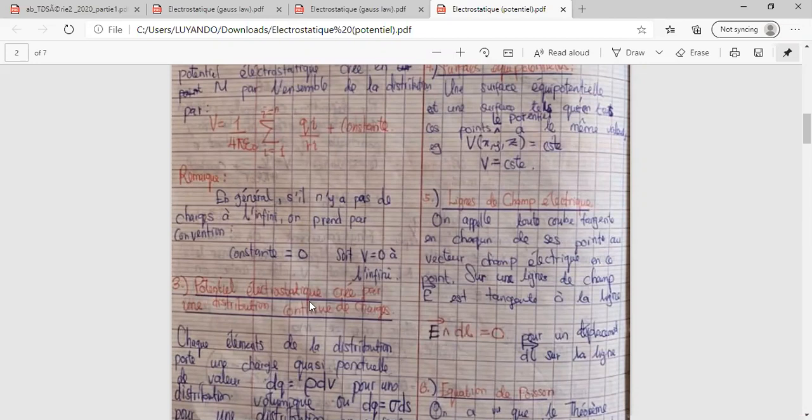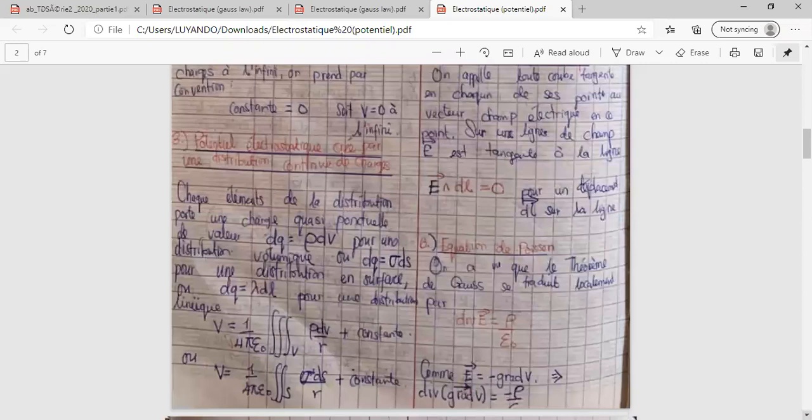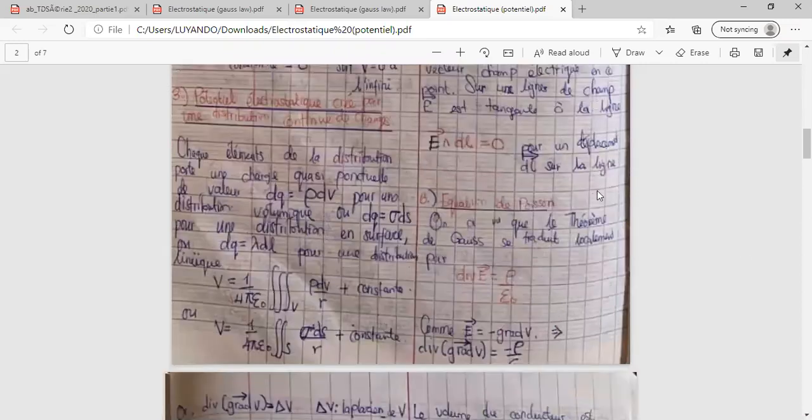That's the electrostatic potential for a continuous charge distribution. On that surface, the field and the dl, or the ds or the dv, is going to be equal to 0. Simply, yeah. Then we have the Poisson equation, which is our new expression.